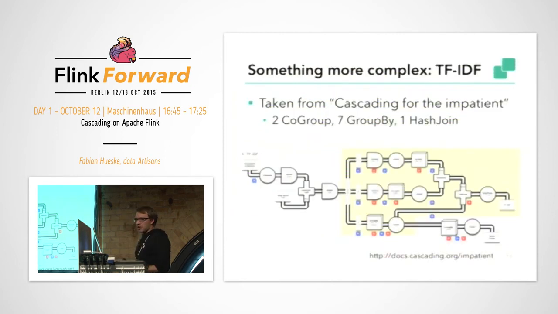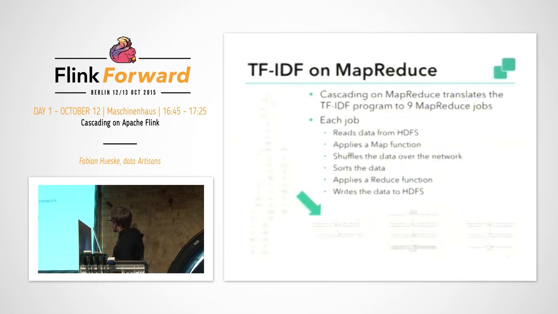We also tried something a little bit more complex, which is the TF-IDF example that I showed before. This program consists of 2 co-groups, 7 group bys, and 1 hash join. If you run that on MapReduce, this will be compiled into a total of 9 MapReduce jobs, which have a few dependencies.